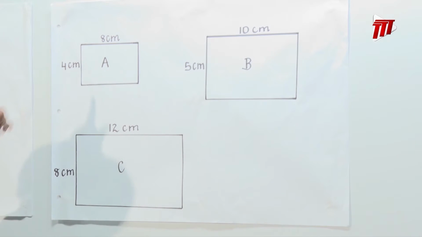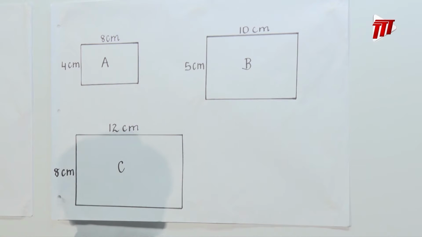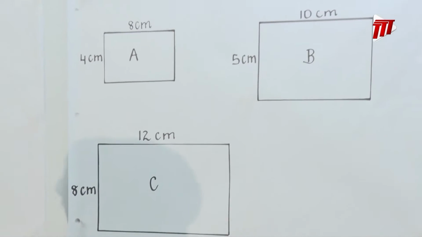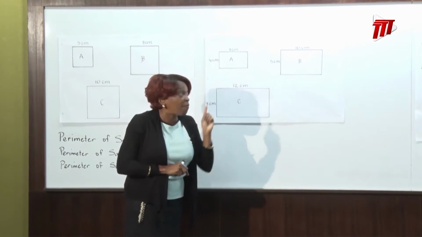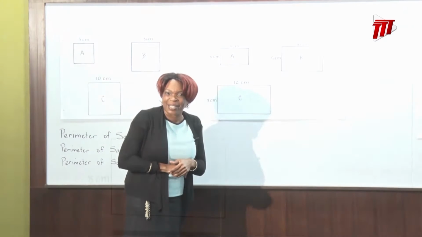The length of rectangle A is 8 centimeters. The breadth is 4 centimeters. The length of rectangle B is 10 centimeters. The breadth 5 centimeters. The length of rectangle C is 12 centimeters. The breadth 8 centimeters. Do you think you can find the perimeter of each one of these? Work it out now. See if you can get it.